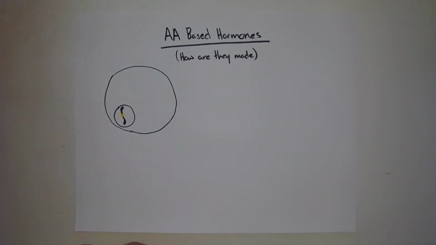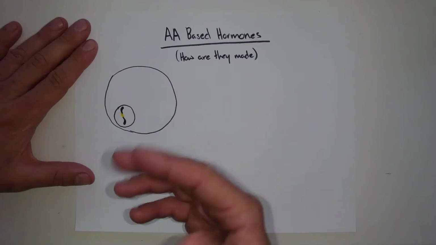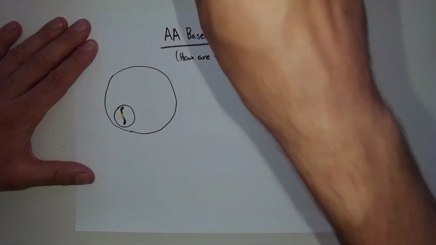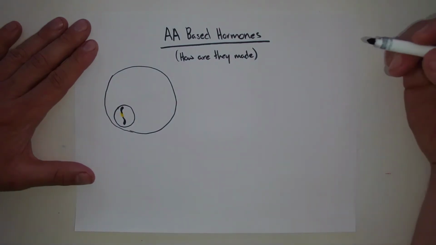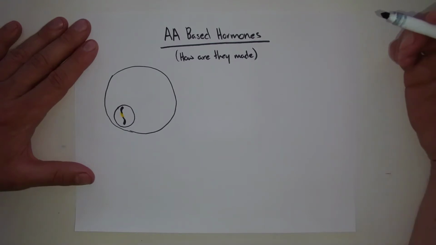This gene is going to code for a particular protein. So if I think of some hypothalamic hormones, we have, let's see, GnRH, CRH. We have TRH, thyrotropin-releasing hormone.